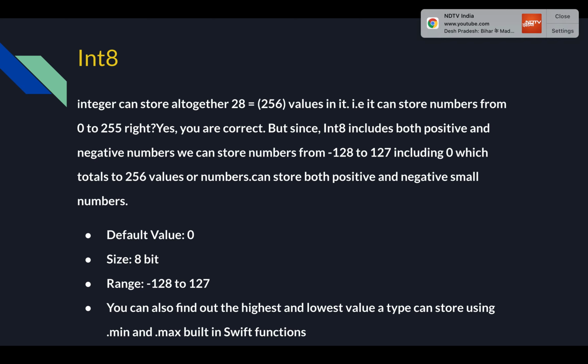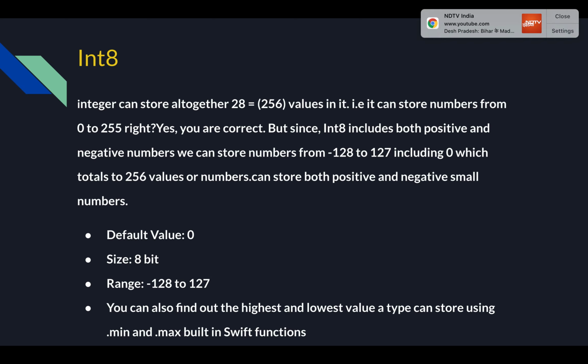So Int8 includes both positive and negative numbers. We can store numbers from minus 128 to plus 127 including 0, which is a total of 256 values. It can store both positive and negative small numbers. The default value is also 0. Size is 8 bit, meaning 2 to the power 8, that is 256 values, and the range is minus 128 to plus 127.